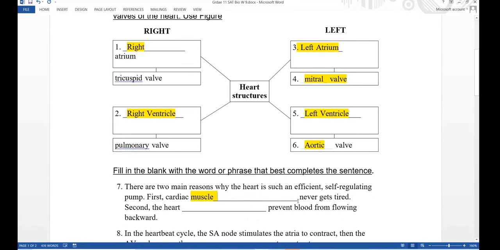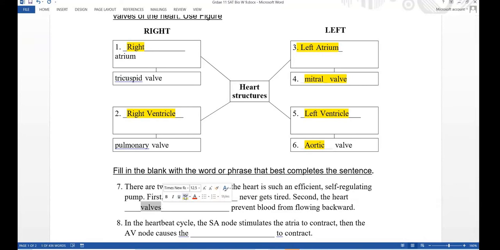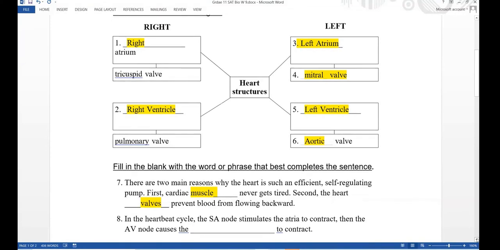And second, the heart dash prevents blood from flowing backwards. What prevents the blood from flowing back? The heart valves. Okay, the valves are openings which prevent the blood from flowing backward. So these are the answers for question number 7.